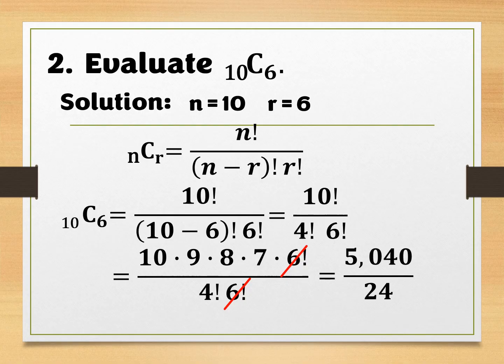So we have 5040 divided by 24. 24 is the value of 4 factorial, and 10 times 9 times 8 times 7 is equal to 5040. So 5040 divided by 24 is equal to 210. Therefore, the number of combinations of 10 objects taken 6 at a time is 210.